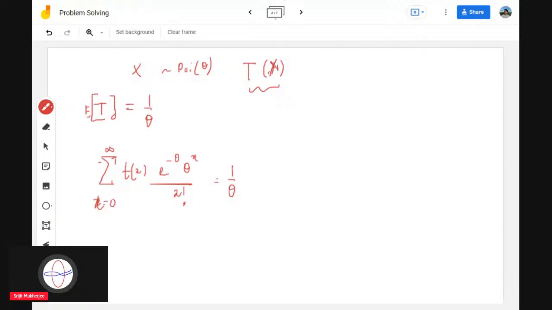Does it seem familiar, guys? Yes. Okay. So therefore, you get that the sum of T(x) theta to the power x plus 1 over x factorial is equal to 1.